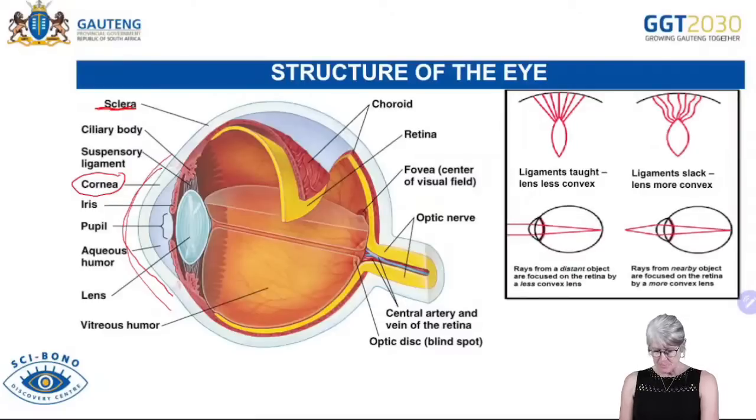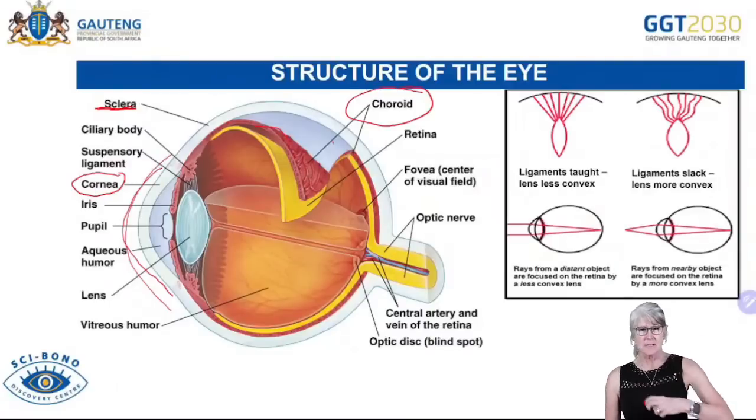Then we have a middle layer, and the middle layer is the choroid. Okay, so that's this inner layer, and if you have a look at that, you can see there's lots of blood vessels. It's the part that nourishes the inner lining of the eye, so it provides it with nutrients.